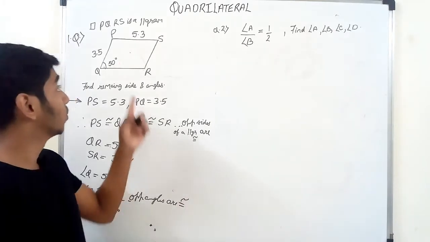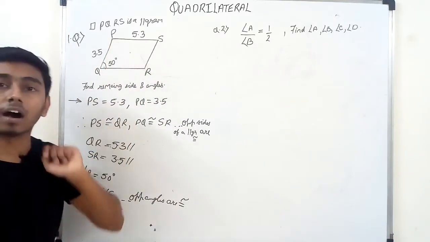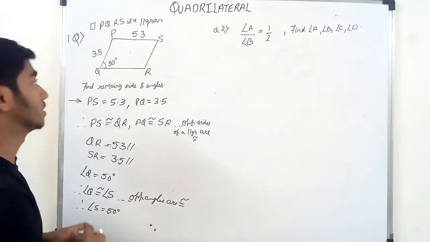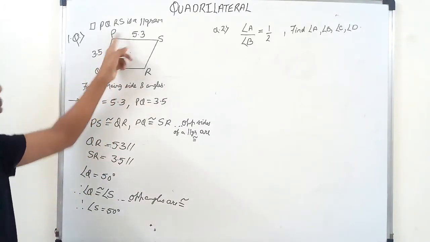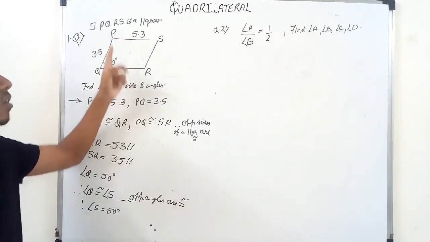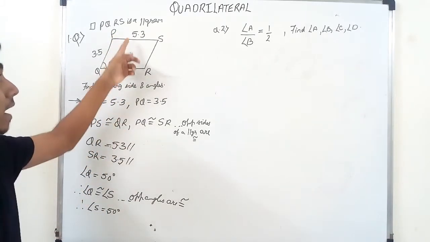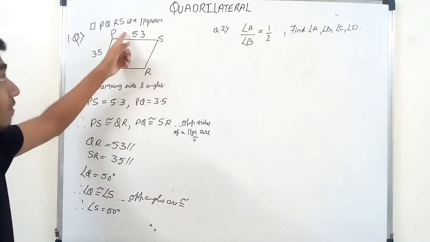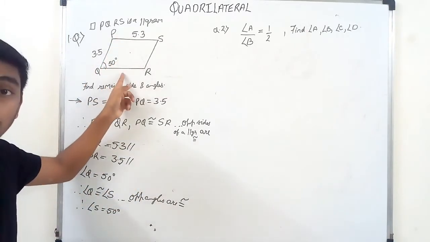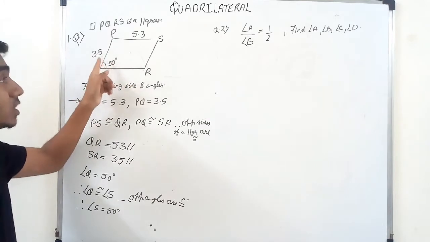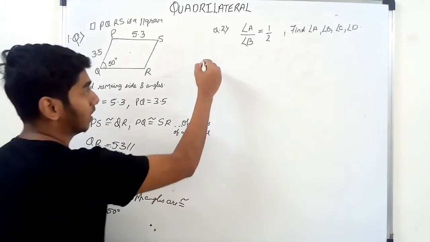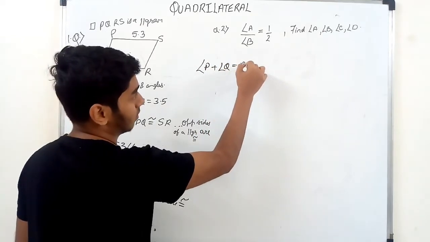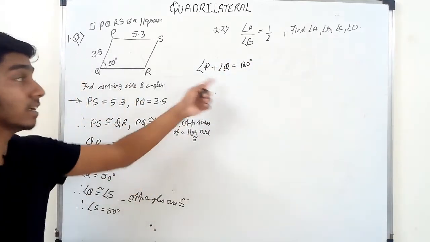Yes or no? Now we don't have P or R. How do we find P or R? We already know that these two sides are parallel because it's a parallelogram. If it's a parallelogram, opposite sides are parallel. So can we say that if PS is parallel to QR, then P plus Q is equal to 180 degrees? Why can we say this?